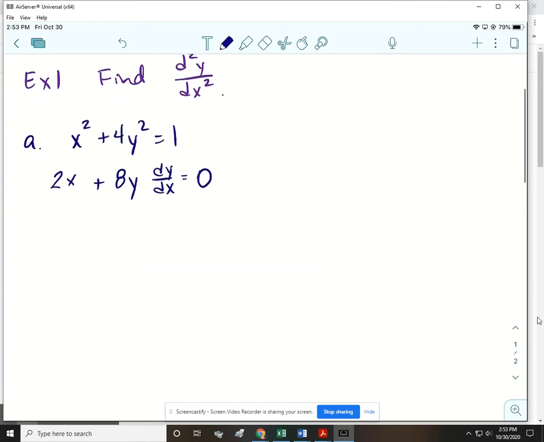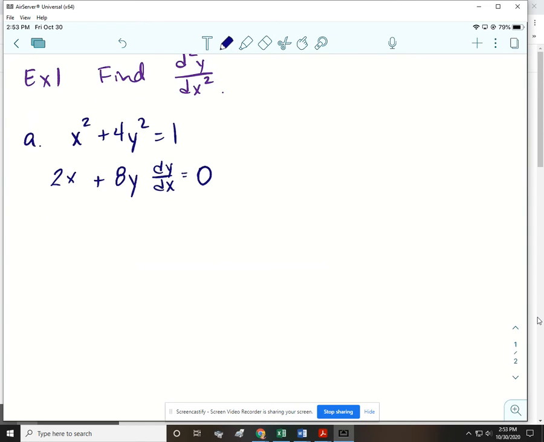All right, and then just like before, we're going to solve this for dy over dx by moving over the 2x, dividing by 8y, and then simplifying.